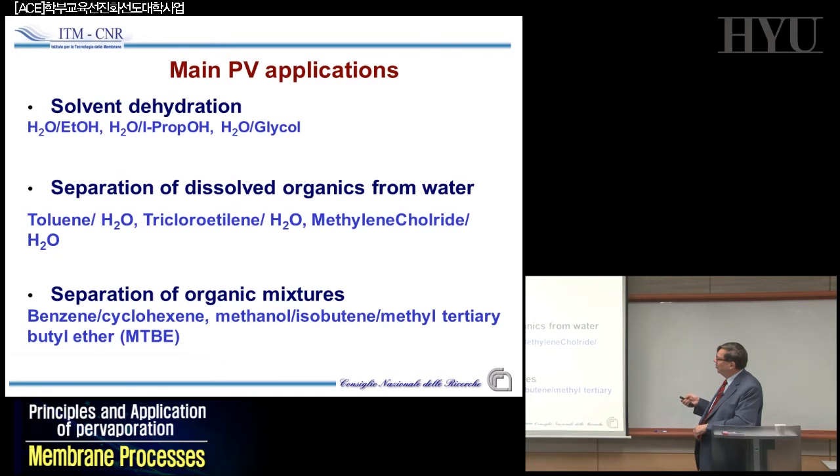So if you look at the possible applications that we have today, I was mentioning solvent dehydration is number one, and on a large scale it is water-ethanol. Isopropyl alcohol, I told you, is another interesting application, not huge plants, but many small plants in the pharmaceutical and cosmetic industry. Another interesting application: if you are flying in winter time and you are in an airport, before taking off you will sometimes see, if it's cold outside, they have to avoid the formation of ice on the wheels of your plane.